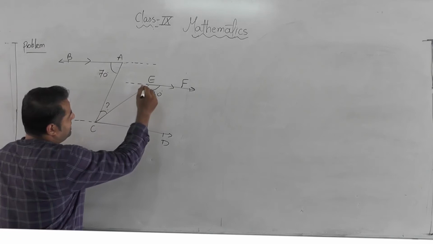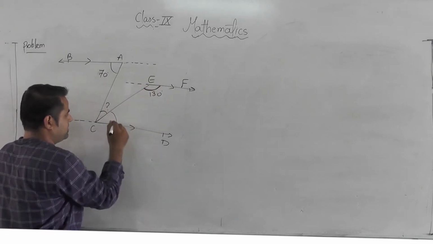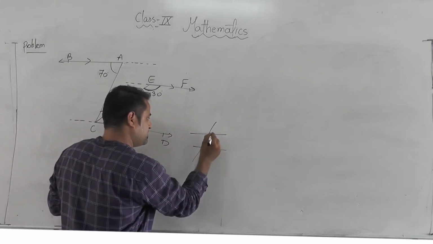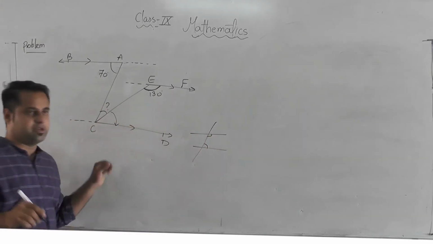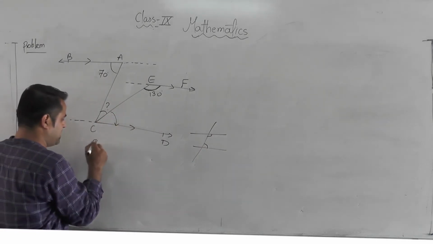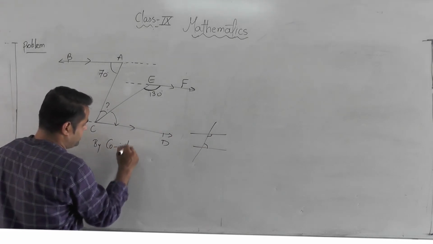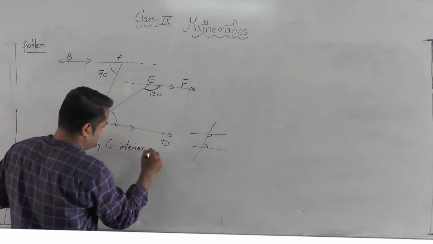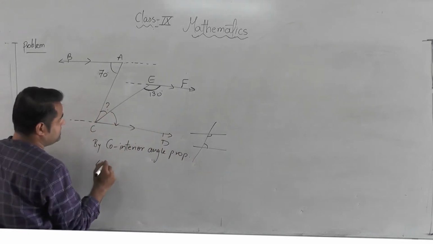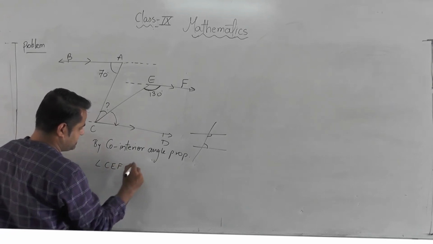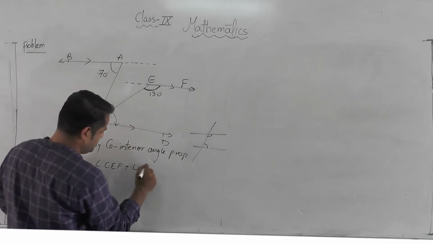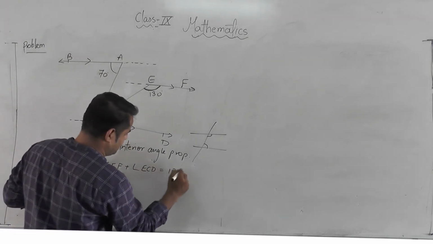By the co-interior angle property. Because these are two parallel lines, we all know that the angles on the same side are co-interior, and the sum of co-interior angles is equal to 180. So by the co-interior angle property, angle CEF plus angle ECD is equal to 180 degrees.